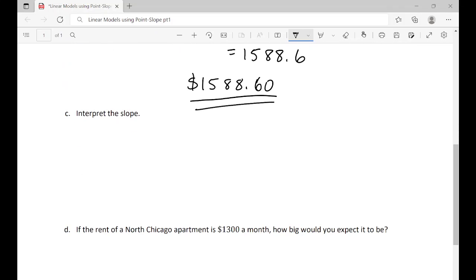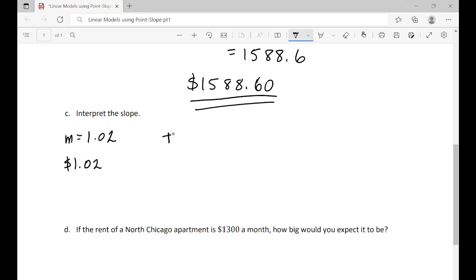Now it's saying interpret the slope. And when they say interpret the slope, it just means, what does the slope mean in context to the question? Well, m is 1.02, and since we're dealing with money, we can say that this is $1.02. And so interpreting it, as the square footage increases, it increases by 1.02 per square foot.